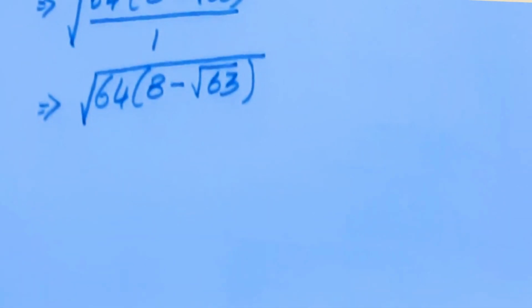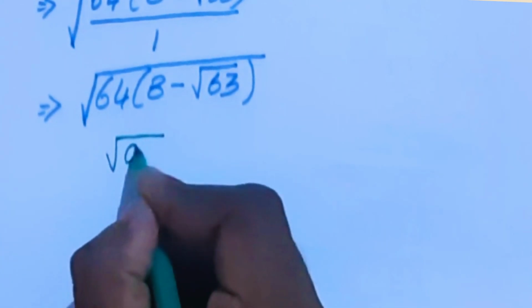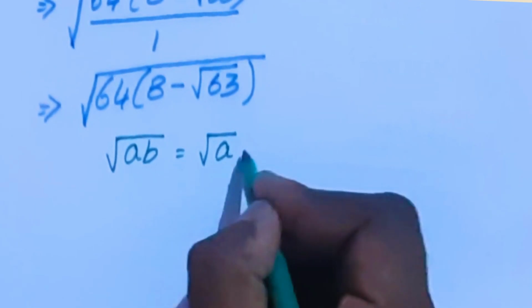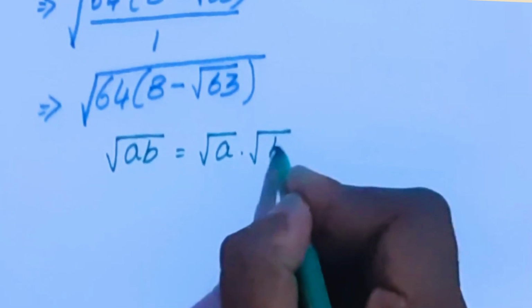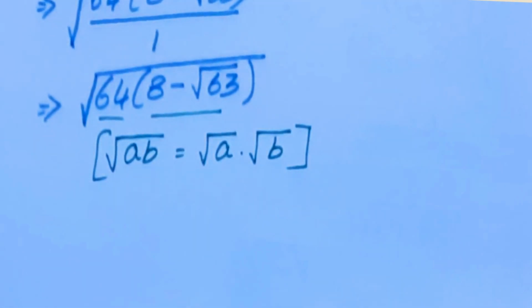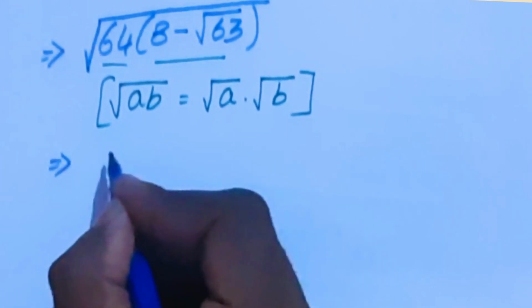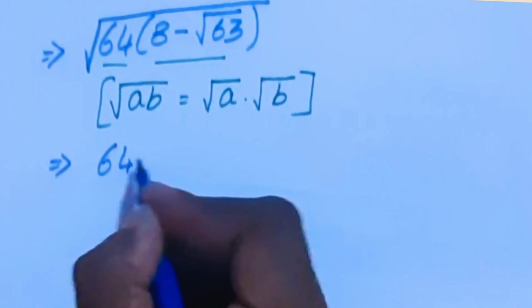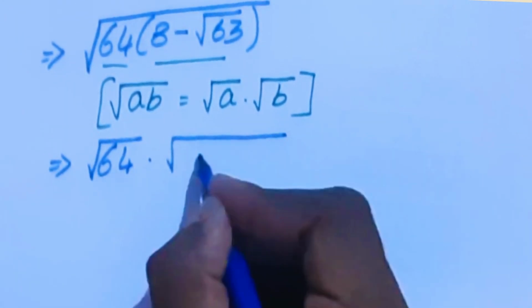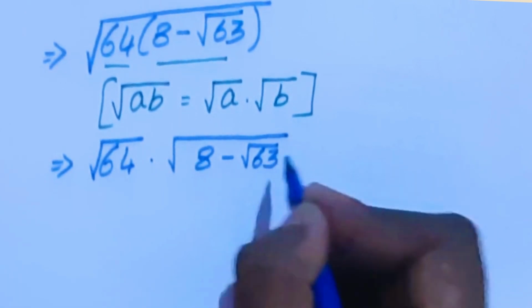Now this can be written using the formula: square root of a times b equals square root of a times square root of b. This we are going to apply here. So we'll get square root of 64 times square root of 8 minus square root of 63.